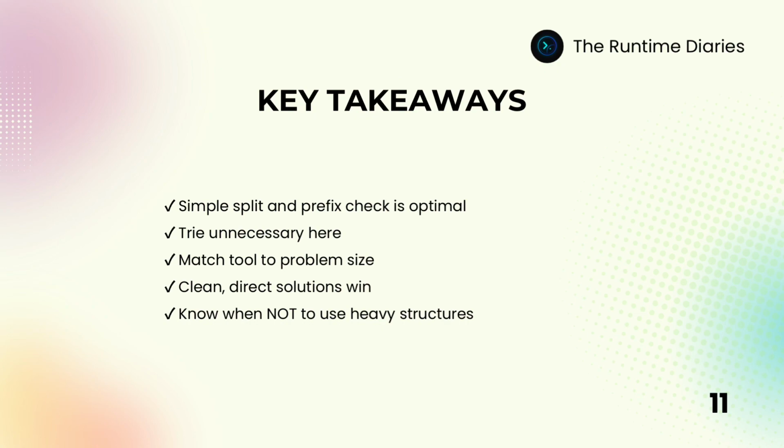Use direct comparisons when the data is small and you have a single query. Fourth, algorithmic intuition is knowing when to scale up and when to scale down. And fifth, clarity over cleverness, always. This problem reinforces a powerful mindset. Efficient code is about matching the tool to the problem, not forcing a tool onto the problem.